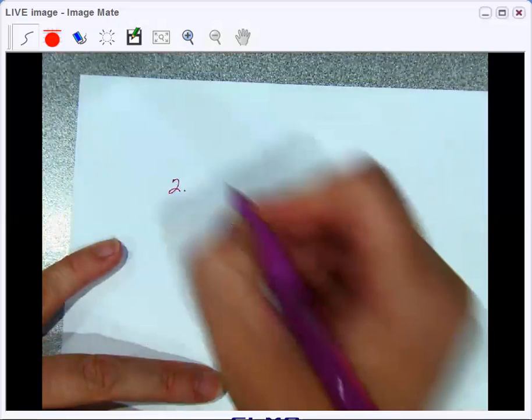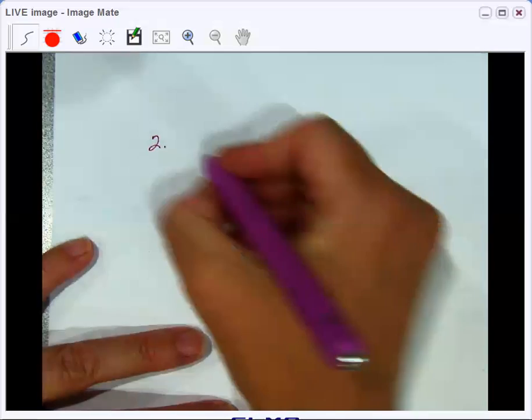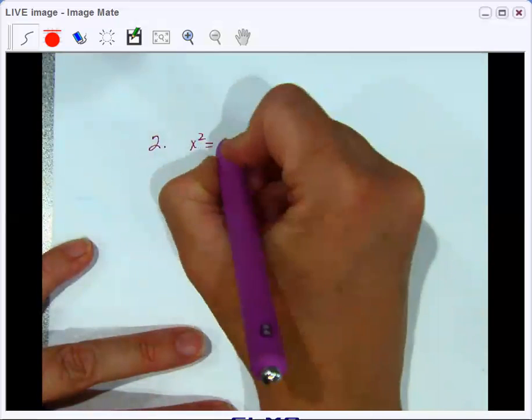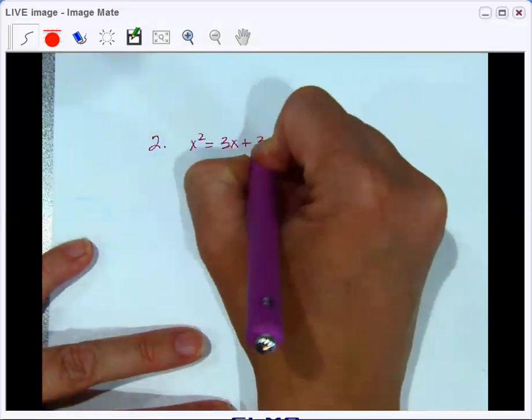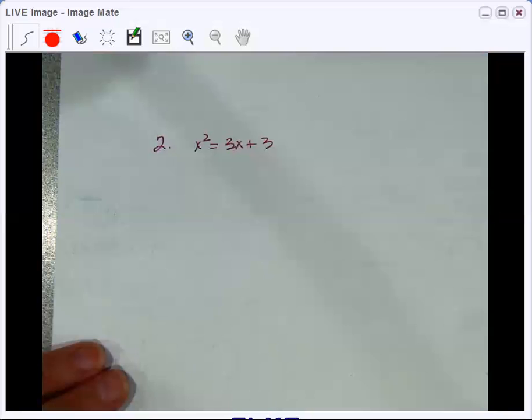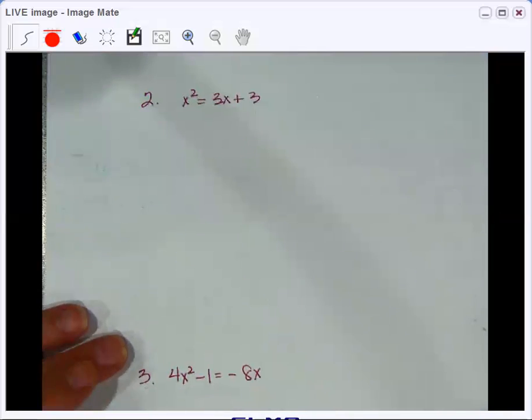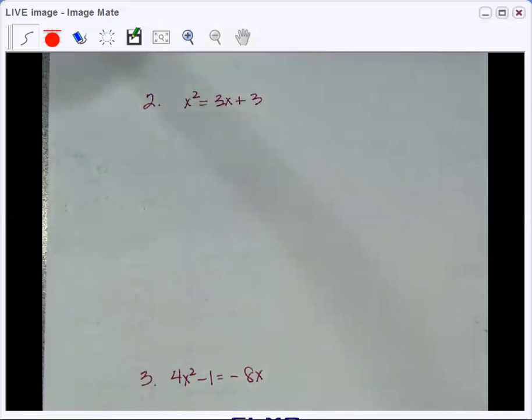We'll label this as number 2. Okay, so here's the 2 problems that I wrote down. If you want, go ahead and give me the number under the radical when you get there, so that I can give you some feedback on it.